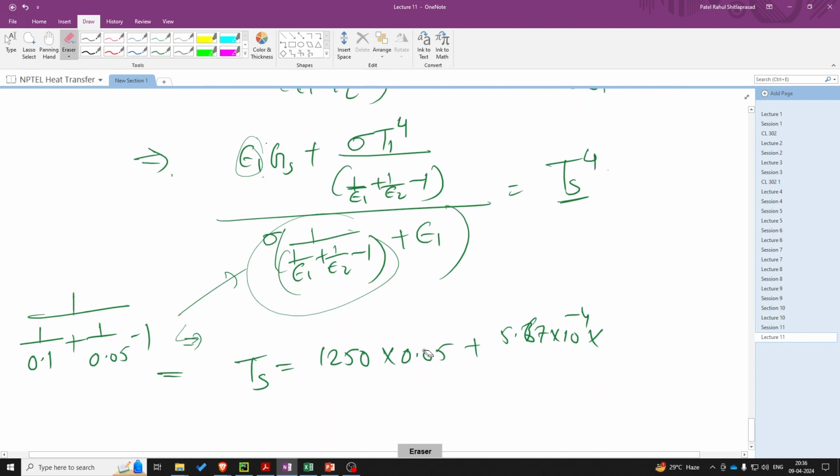Over here, the first surface is our tank, so this will be 0.1. Temperature of the tank is 100 Kelvin raised to 4 upon 1 plus this calculated plus 1 divided by.